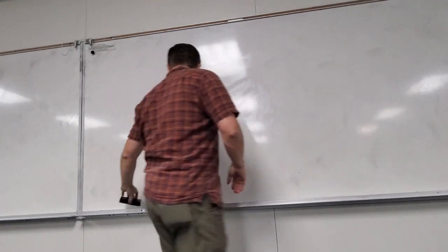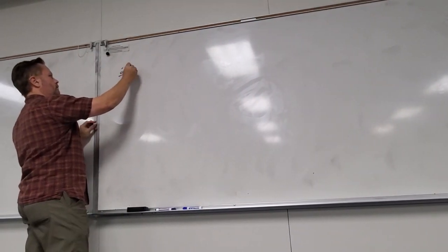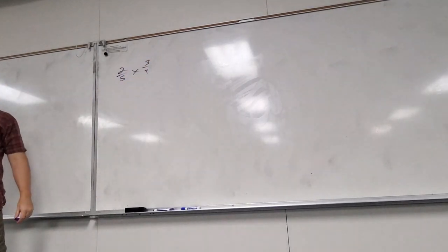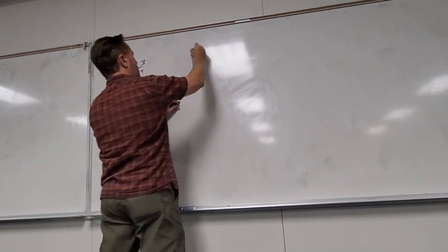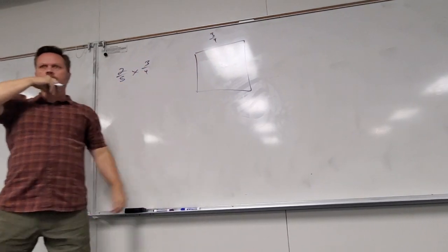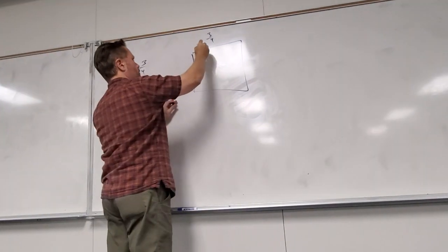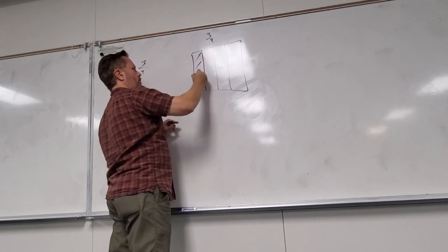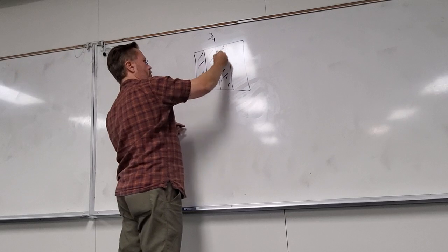So if you had to do, say, 2/5 times 3/4. How would you do 3/4? You would just cut that up into 4 parts, so cut it 3 times, 1, 2, 3, and then shade 3/4.